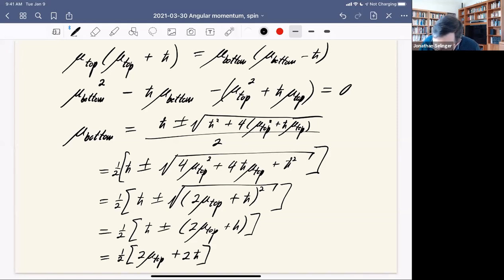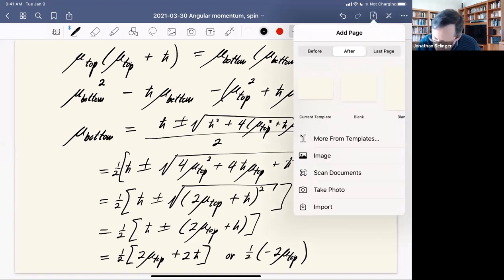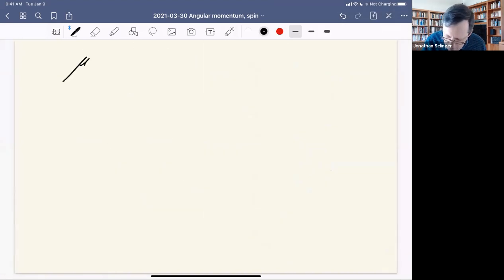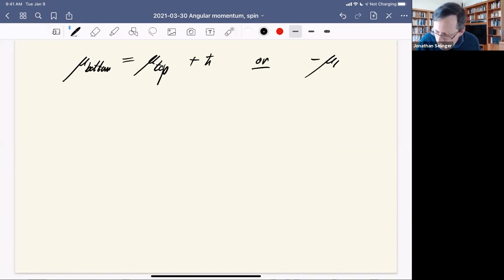If I choose the minus, then the h bars cancel, and we get just negative 2 mu top. So mu bottom is either equal to mu top plus h bar, or negative mu top.